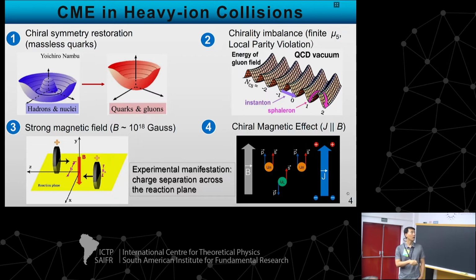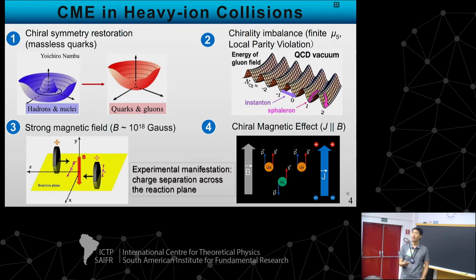Once we have all these conditions, we have a magnetic field and a chirality imbalance, then the magnetic field will polarize the spin of the quarks according to the electric charge. Say we have more right-handed quarks, then we will induce an electric current in the same direction as the magnetic field. So if in heavy ion collisions we do observe the CME, we will advance our knowledge in all these directions.